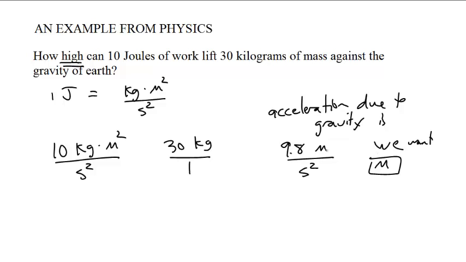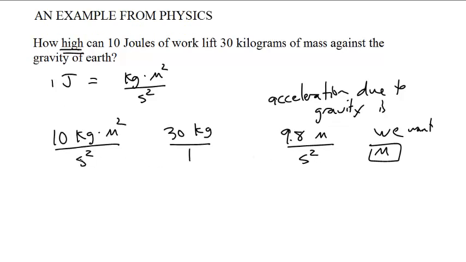If we leave this one up top, to get rid of these seconds squared, the answer is we start with the first one, 10 kilograms meters squared per second squared. Now we want to get rid of the kilograms, we want to get rid of the second squared, and we want to get rid of one of the meters.